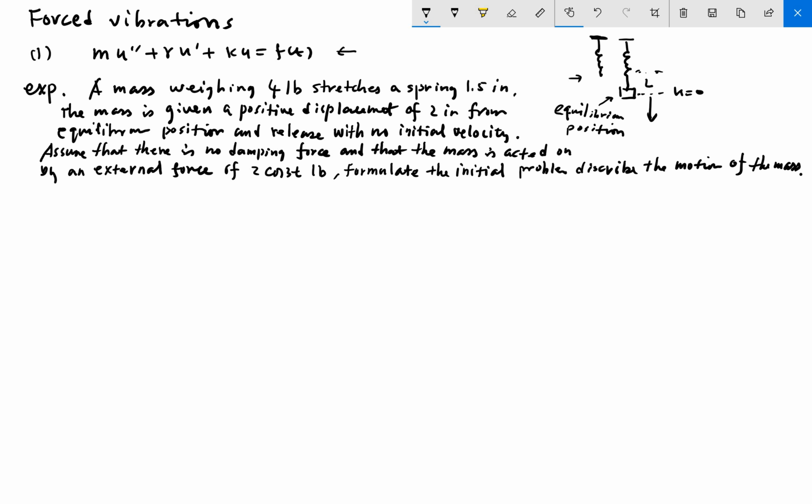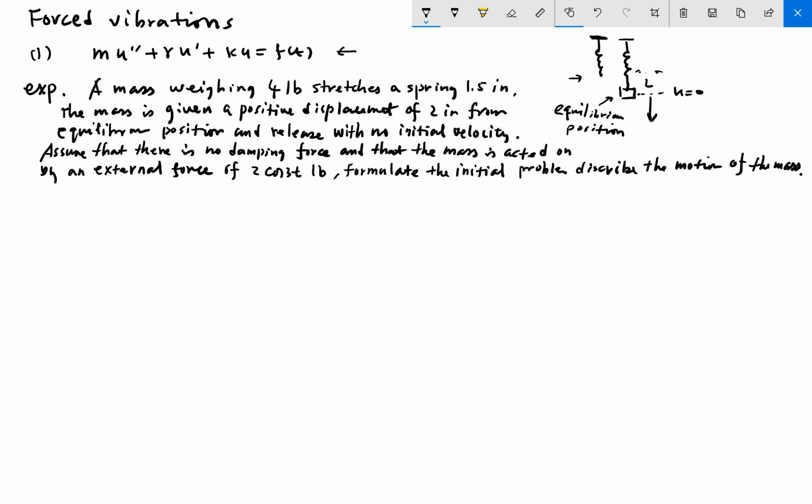Assuming that there is no damping force and that the mass is acted on by an external force of 2 cosine 3t pounds, formulate the initial value problem. Describe the motion of the mass.